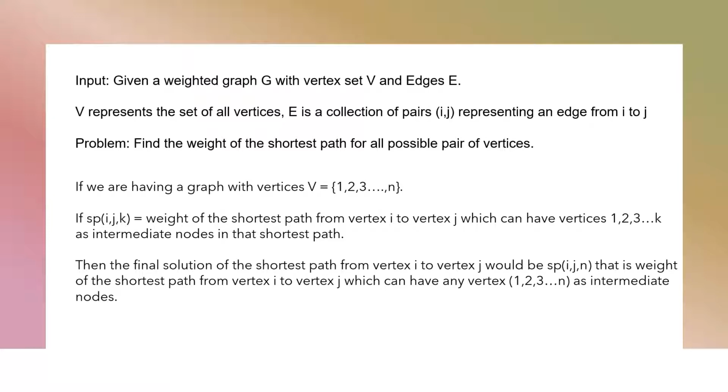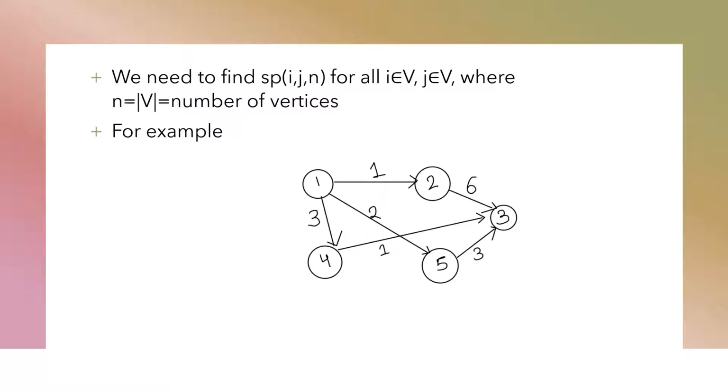The final solution of the shortest path from vertex i to j would be sp ijn, the weight of the shortest path from i to j which can have any vertex as an intermediate node.